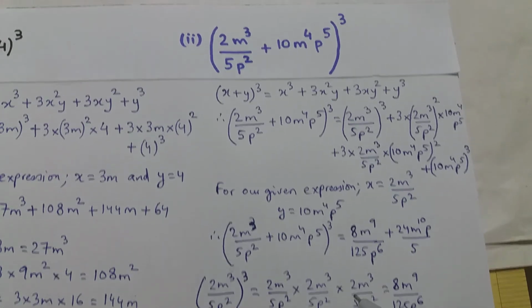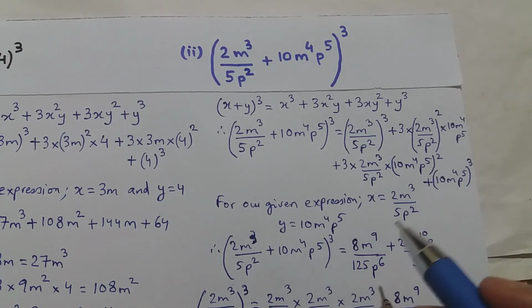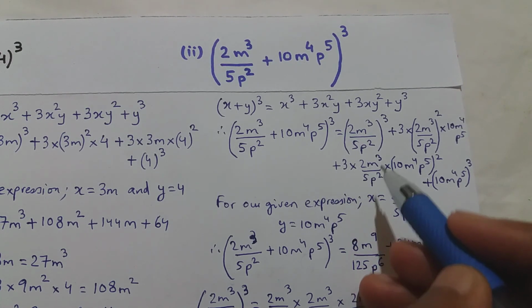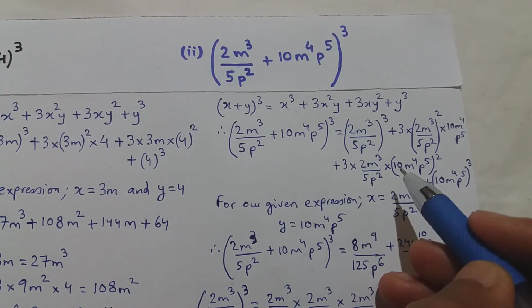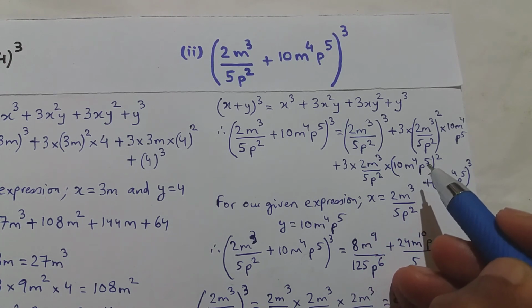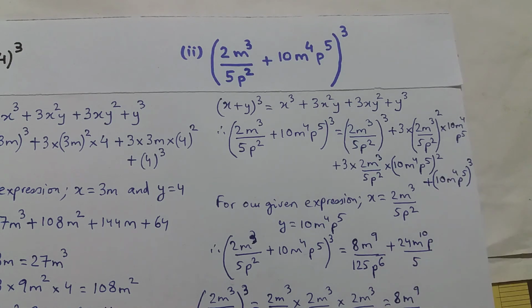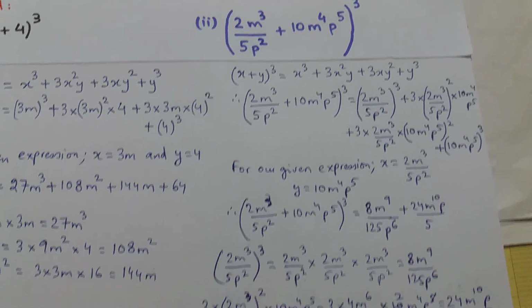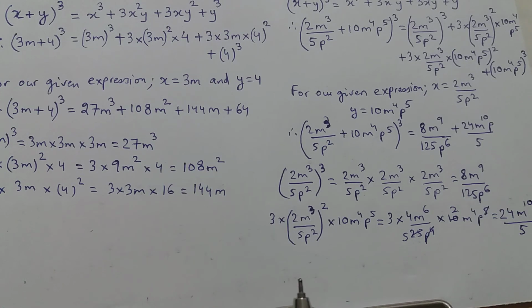Then we are having this. So let us simplify this. So it is 3 into 2m cube upon 5p square into (10 m to the power 4 p to the power 5) whole square. So let us simplify this. So I will simplify it over here.